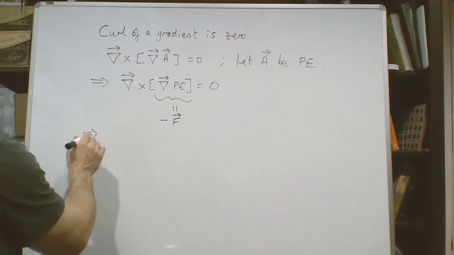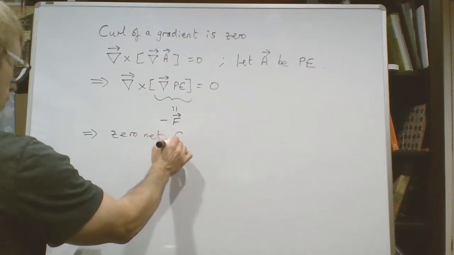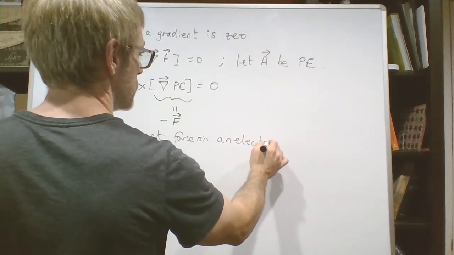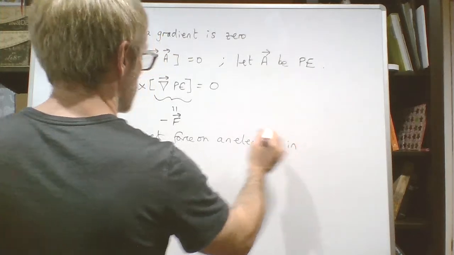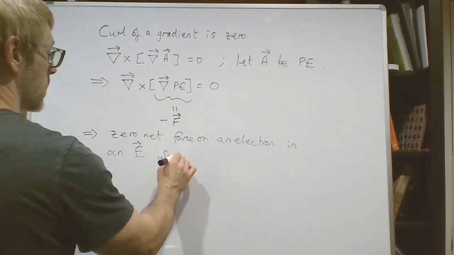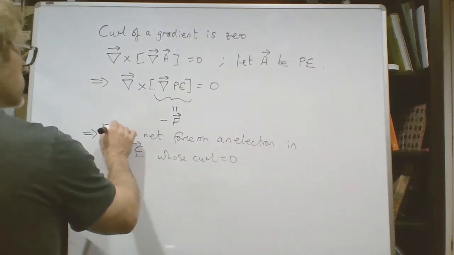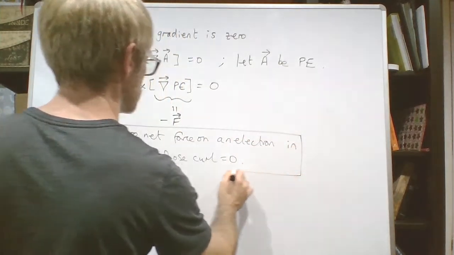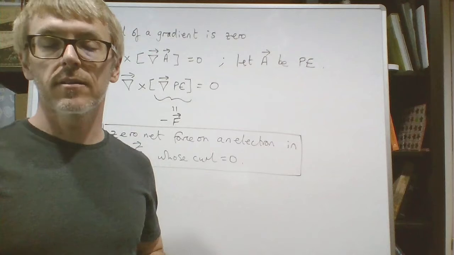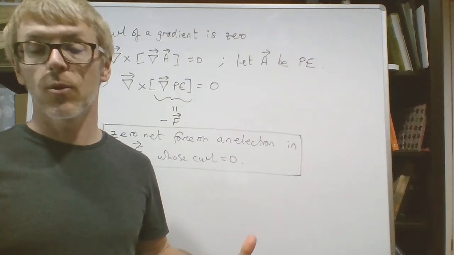Therefore we conclude, seeing as this equals zero, that there is zero net force on an electron in an electric field whose curl is zero. So remember from a previous video we said that according to electromagnetic theory, a static electric field has zero curl.